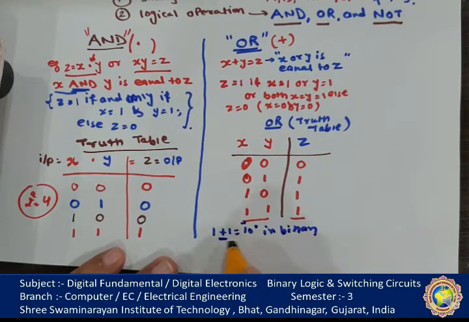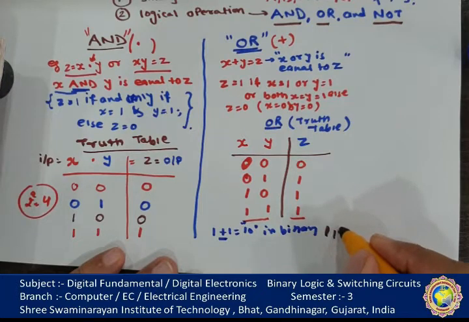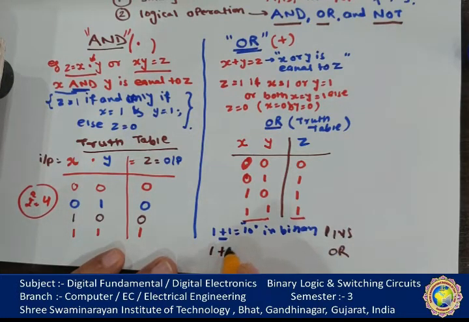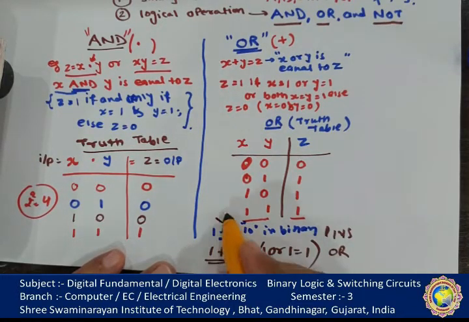That is the plus sign. But if it is OR, 1 OR 1 equals 1. It is not a plus sign. Remember that: 1 OR 1 equals 1.